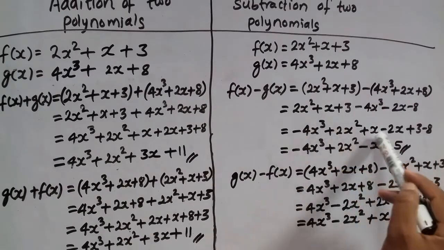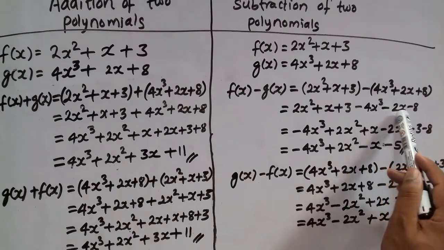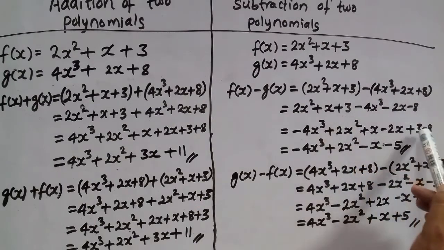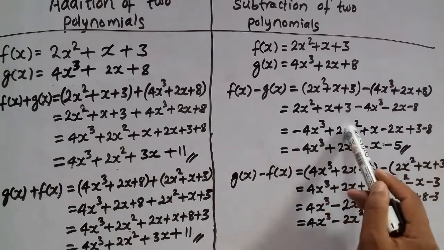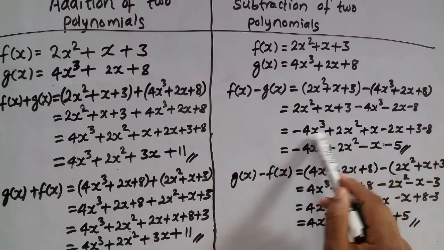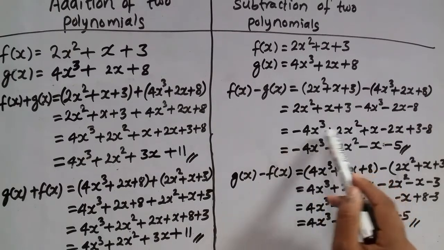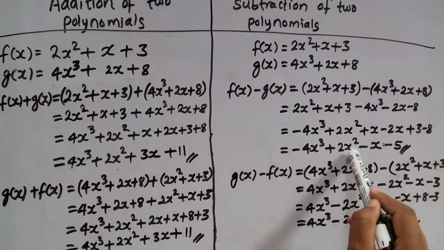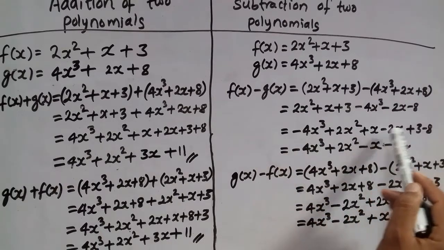Then x is written, and another term containing x is minus 2x, and this 3, then minus 8 is written. Here this is written as it is, because these two are unlike terms.